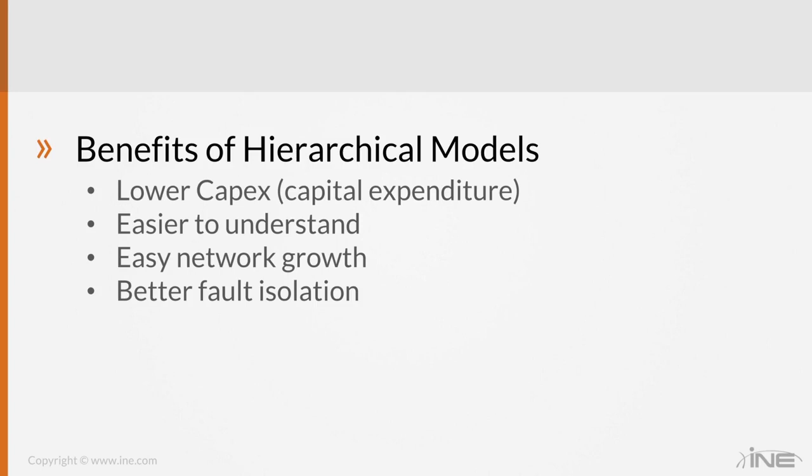Usually when we build a network in a hierarchical manner, we'll have a north and south that is very easy to identify, and so that even someone that is not fluent in networking will be able to make sense of it. Also, another benefit is easy network growth. So we'll see later with modularity how you can scale out or scale up a network, and also better fault isolation.